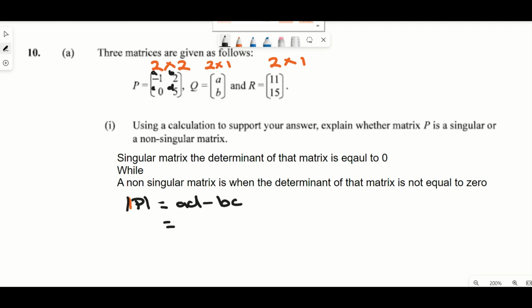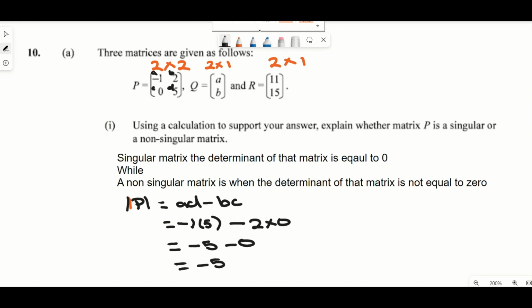So this will be equal to A by D, which is minus 1 by 5, minus B, which is 2 by 0. So we see minus 1 by 5 is actually minus 5. Right, minus 0 is equal to minus 5.